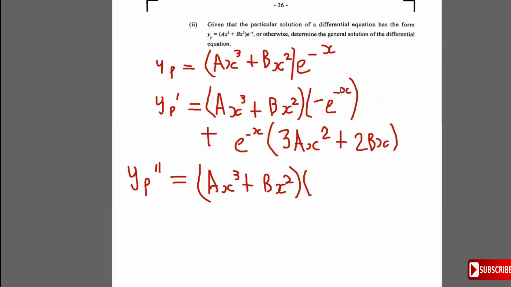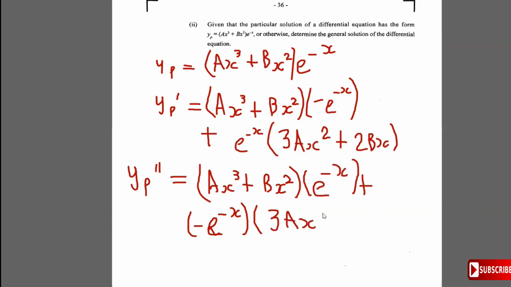We differentiate minus e to the minus x, we're going to get minus and minus give us plus, so we get e to the minus x, plus, we keep the second, which is minus e to the minus x, times the derivative of the first, and the derivative of the first is 3ax squared plus 2bx.